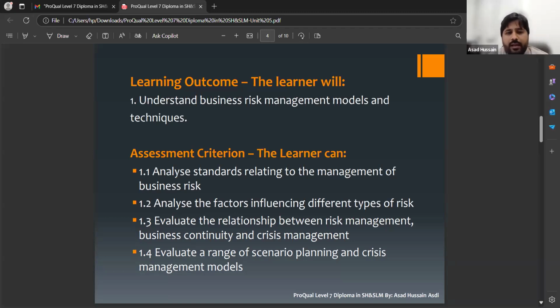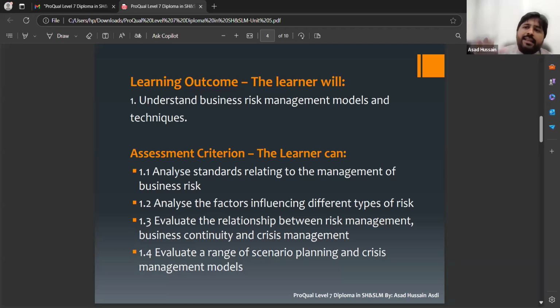So in this evaluation, a learner should know what type of scenario planning and crisis management models he or she has in their organization. So he has to give a clear explanation and narration with regard to his or her organization.